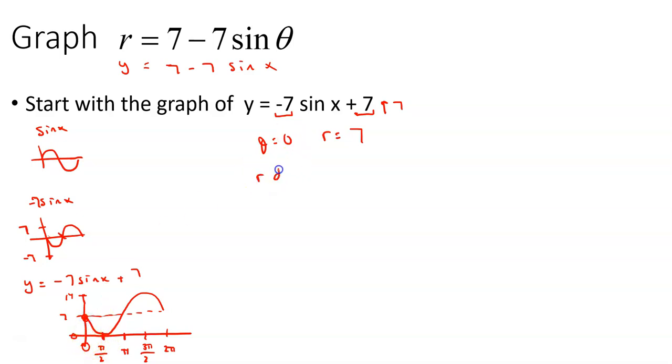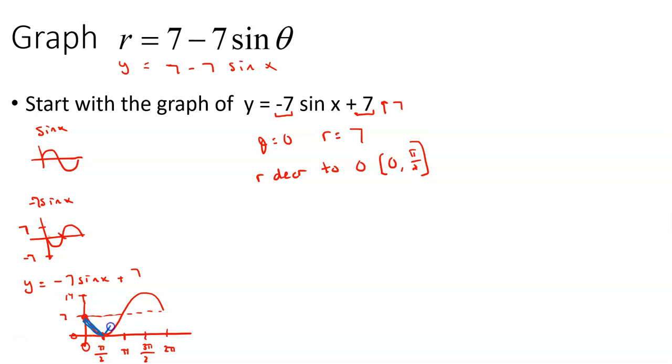Then the radius decreases to 0 on the interval from 0 to pi over 2. And we see it in that first quadrant. Here, to change colors, we see it decreasing from 0 to pi over 2. In this region, the radius is decreasing.